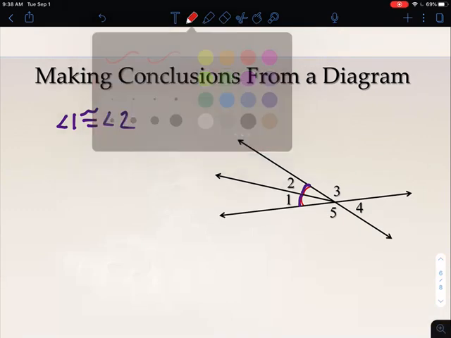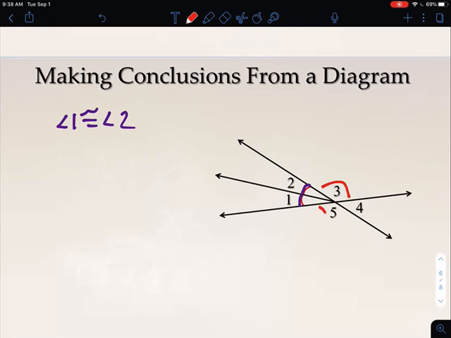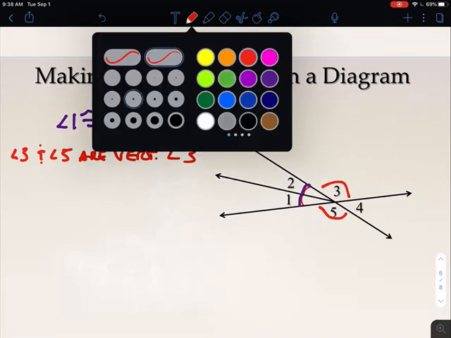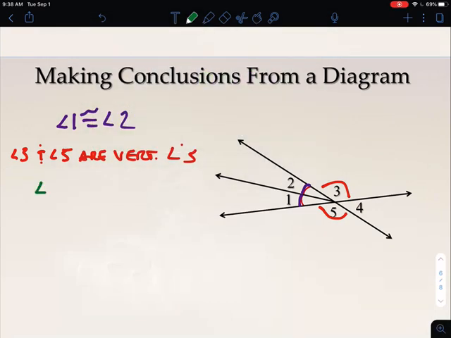Some other things that I know just by looking at the picture. I noticed that angle 3 and angle 5 form those two perfectly straight lines, which means I know angle 3 and angle 5 are vertical angles. Not only that, because they're vertical angles, I also automatically know that angle 3 must be congruent to angle 5, because vertical angles are always identical to each other.